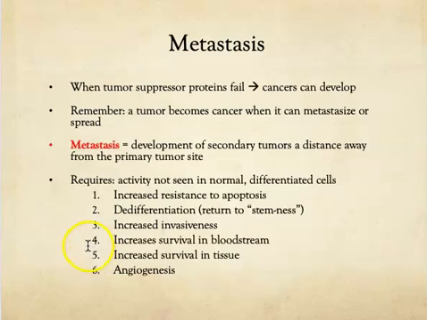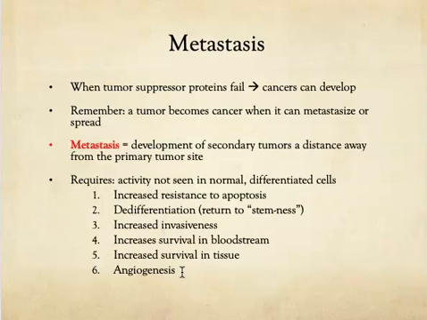And lastly, they have to develop the ability to stimulate a process called angiogenesis, which is just the growth of new blood vessels. Remember, a tumor is a ball of cells and it is rapidly dividing.